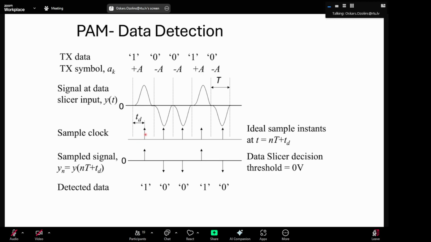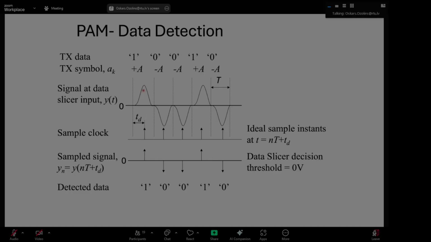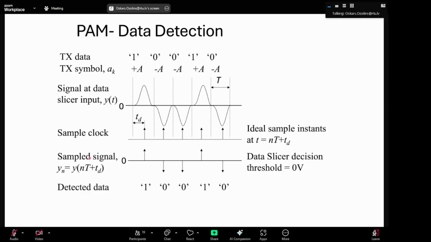Then you need to use the sample clock, which needs to be here, not here, where you have the highest amplitude. When you sample the signal, you get the digital signals up, down, and then you can detect 1, 0, 0, 1, 0. So you can get that back with the slicer.